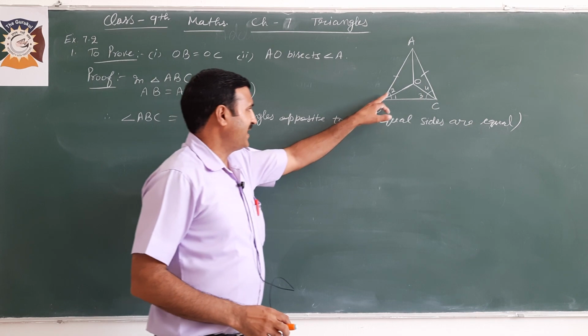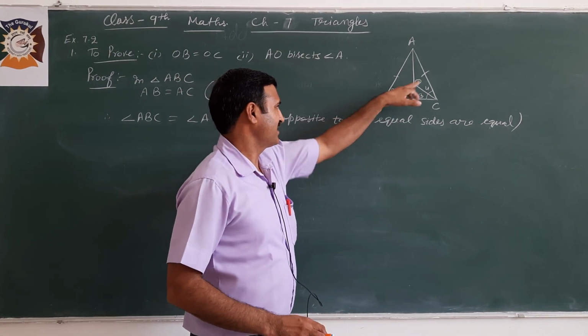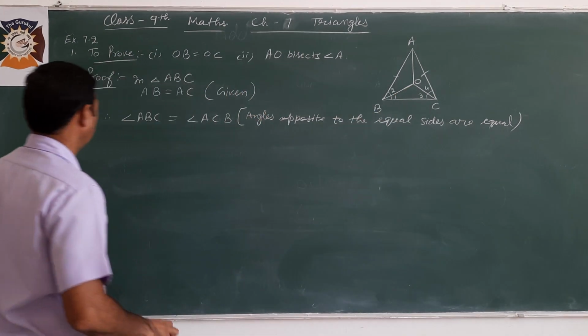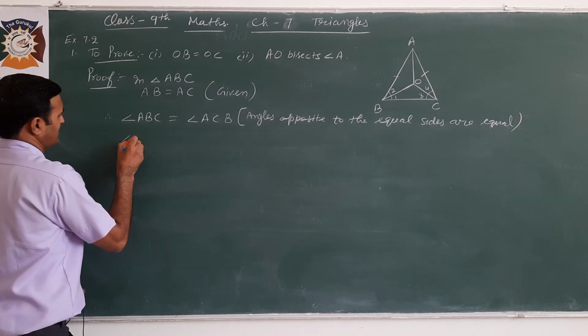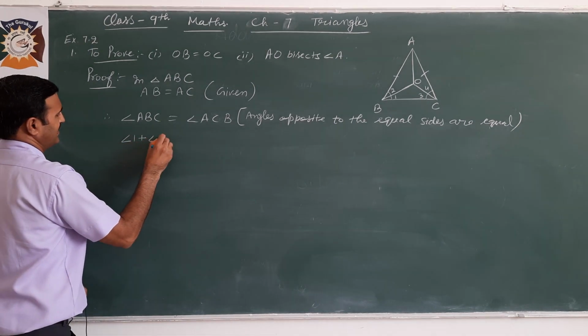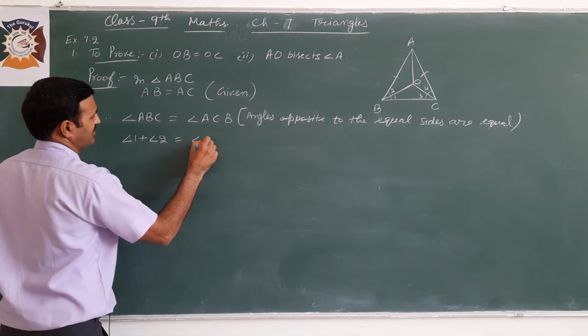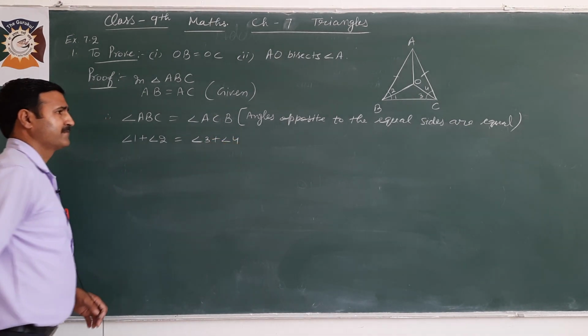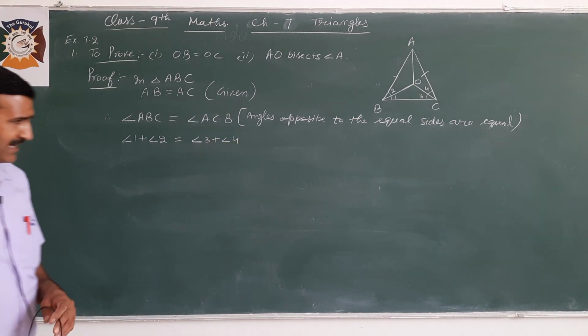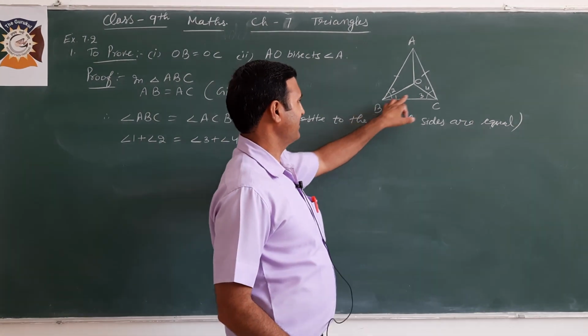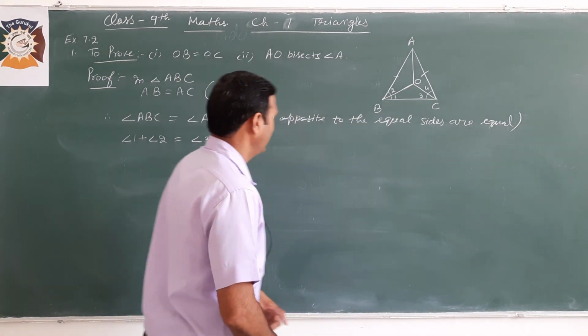And we have two parts of these angles, and these are the bisectors. This is angle 1 plus angle 2, and this is angle 3 plus angle 4. But angle 1 and angle 2 are equal, angle 3 and angle 4 are also equal.